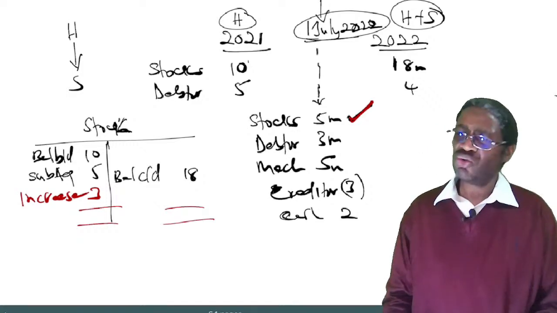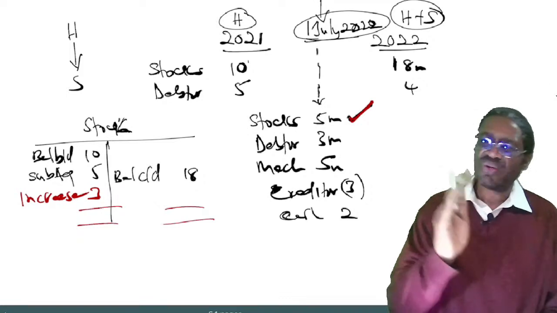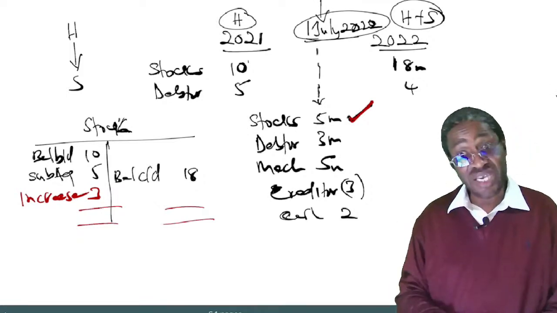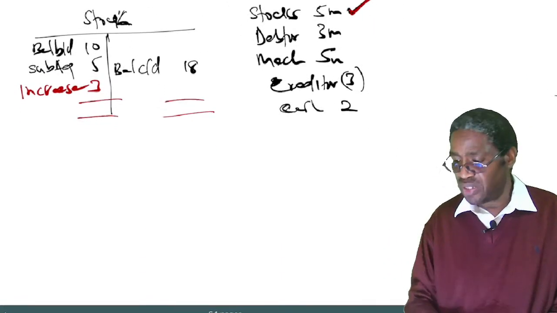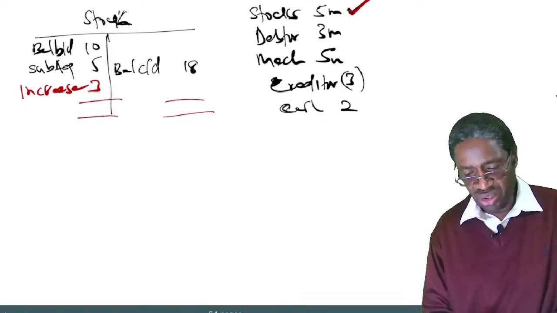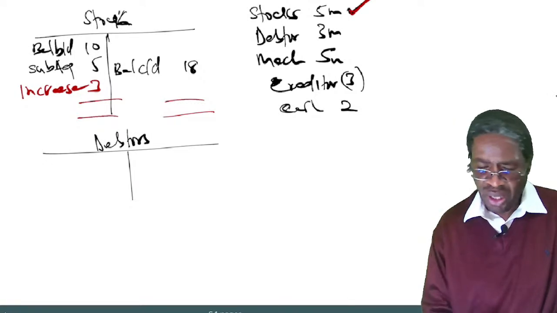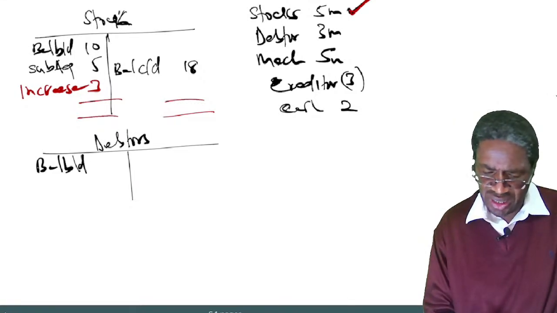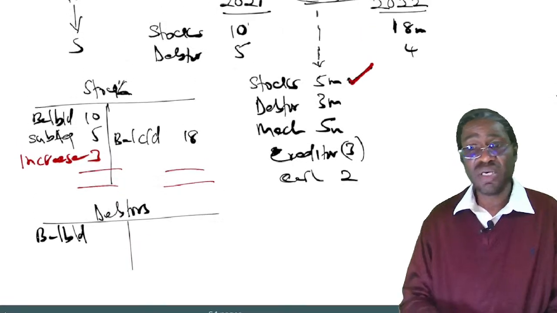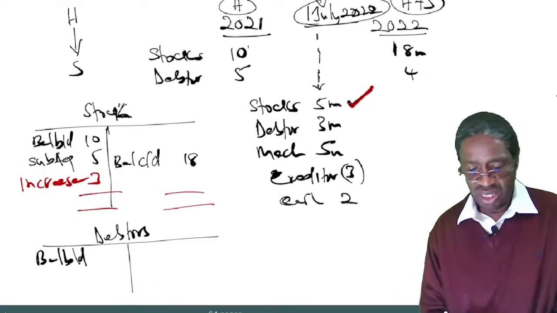So for you to know whether there was an increase or decrease in debtors, you will be required to open a debtors account. You will bring down the balance at the beginning, whatever it was last year, which from my illustration here is 5 million.